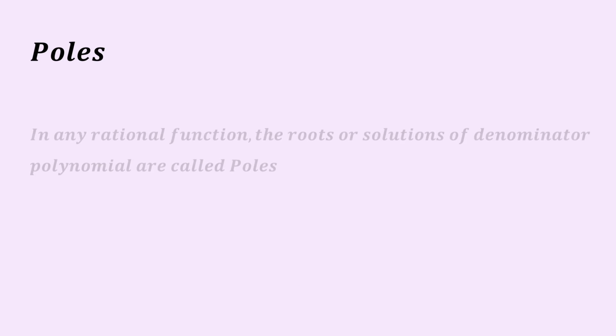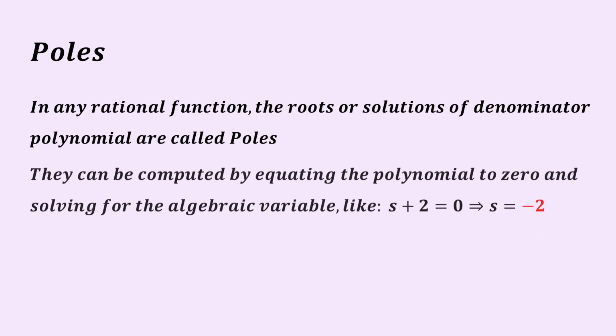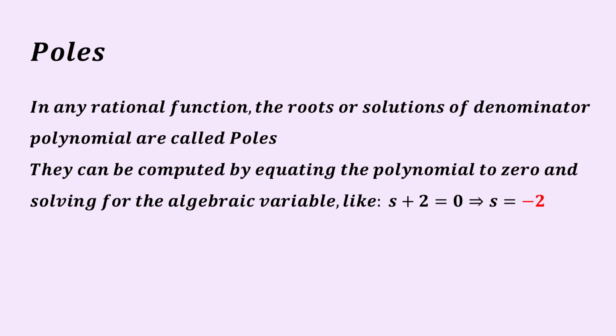The next important concept is poles, which are the solutions or roots of the denominator polynomial in any rational function. We can find the value of poles by equating the denominator polynomial to 0, and then solving for the variable, we will get the value of the pole.